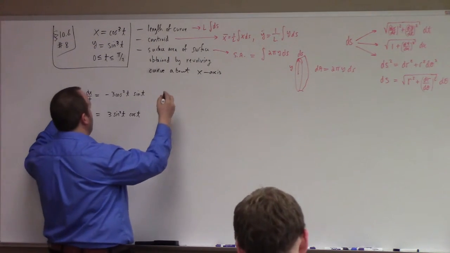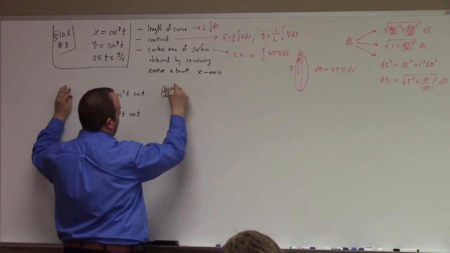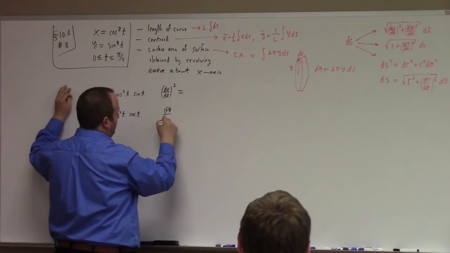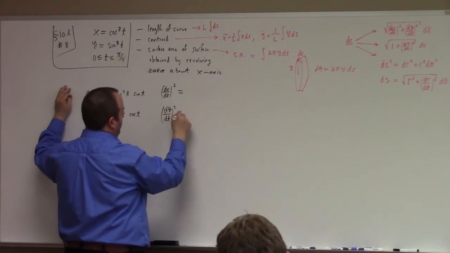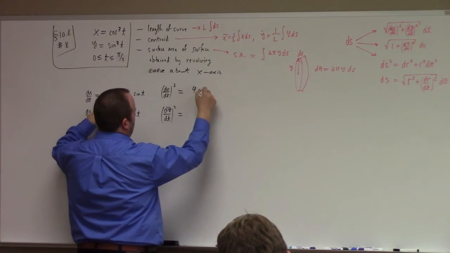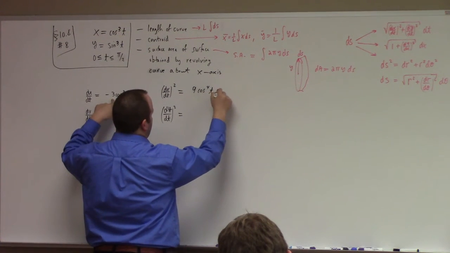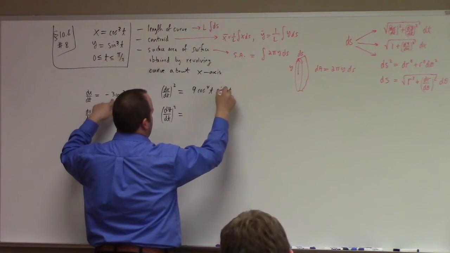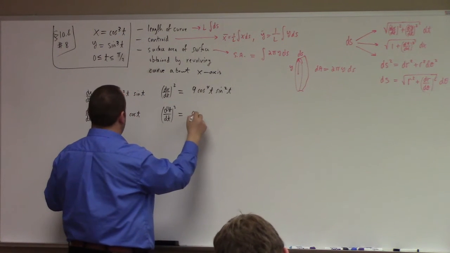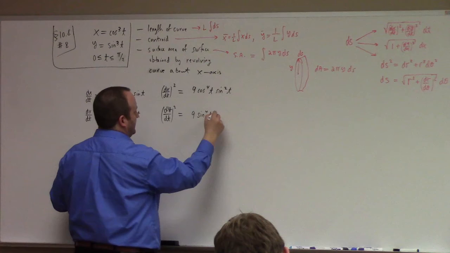So what's dx dt squared here? What's dy dt squared? Looks like I've got a 9 cosine to the 4th t sine squared t. Well, that's hopeful. And I've got a 9 sine to the 4th t cosine squared t. Kind of scary.